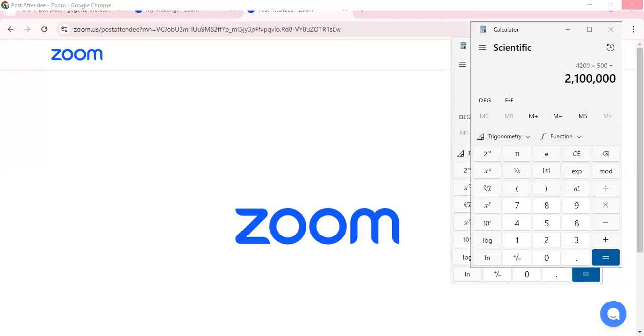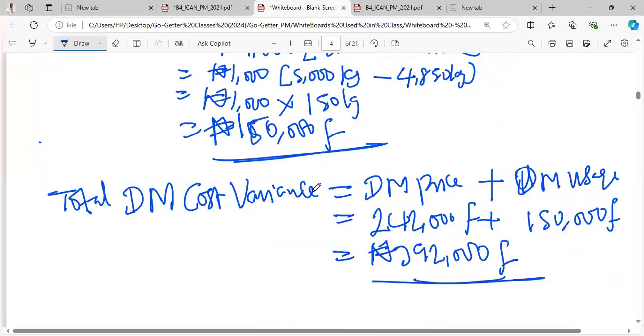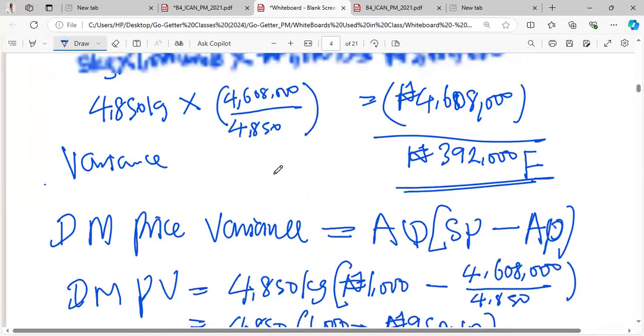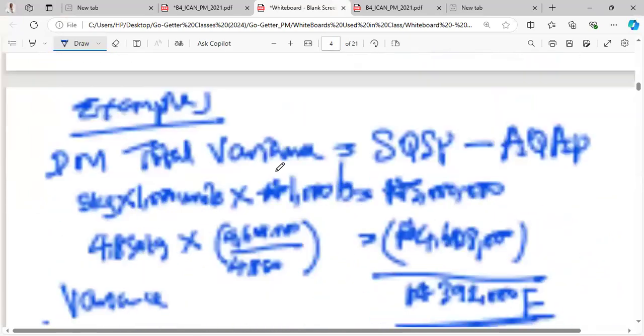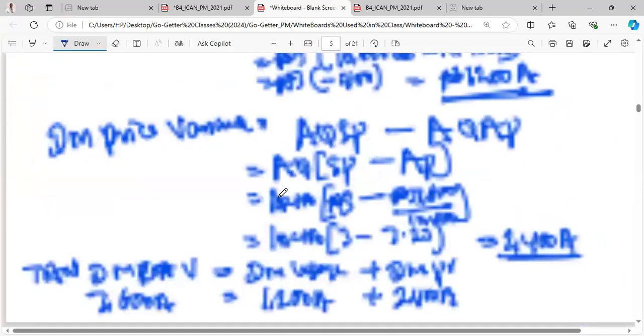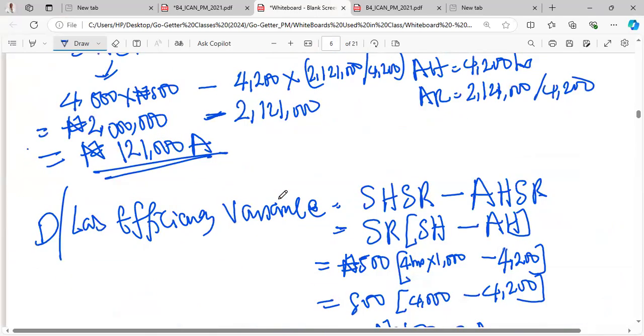The system has hanged. Just a moment, it's going to come down. All right. So let's apply. It hung again. Okay, it's coming down.